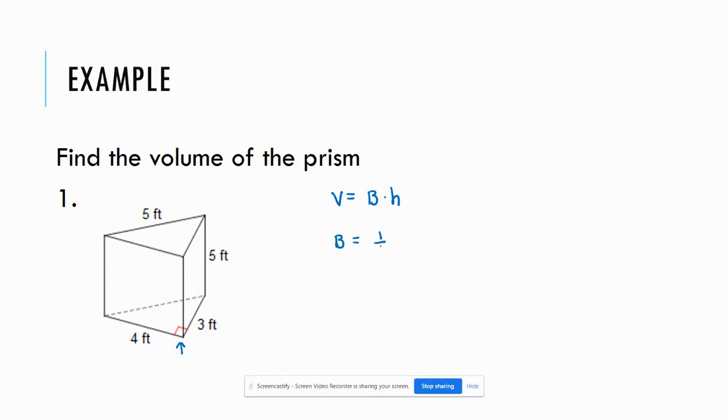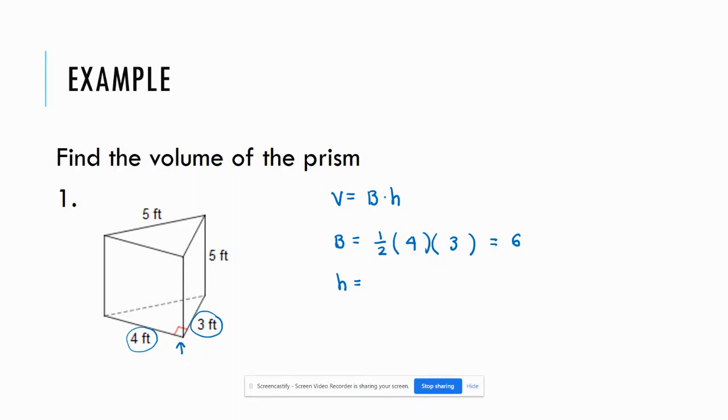I want to take 1/2 the base times the height of the triangle. Well, that's going to be the two sides that are forming the right angle. So that would be a 4 and a 3. Half of 4 is 2. 2 times 3 is 6. So the area of our base is 6.